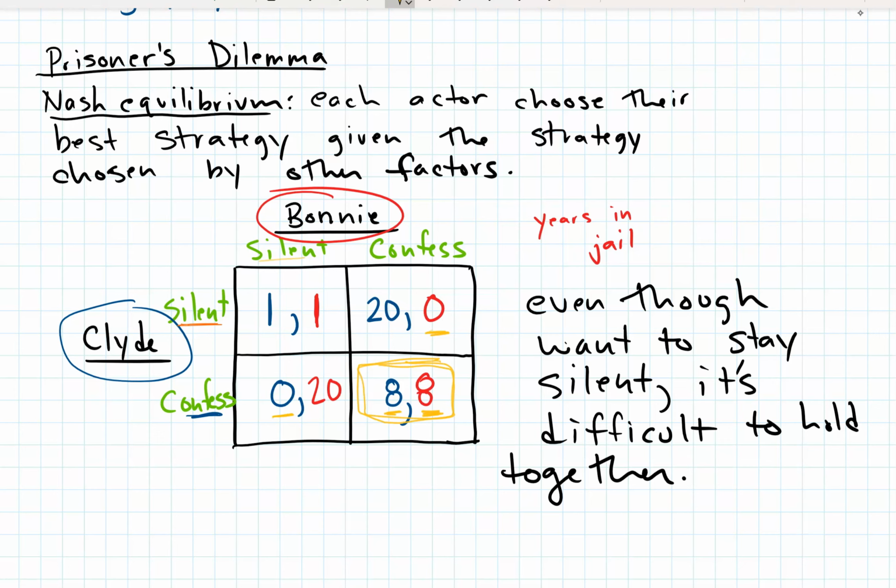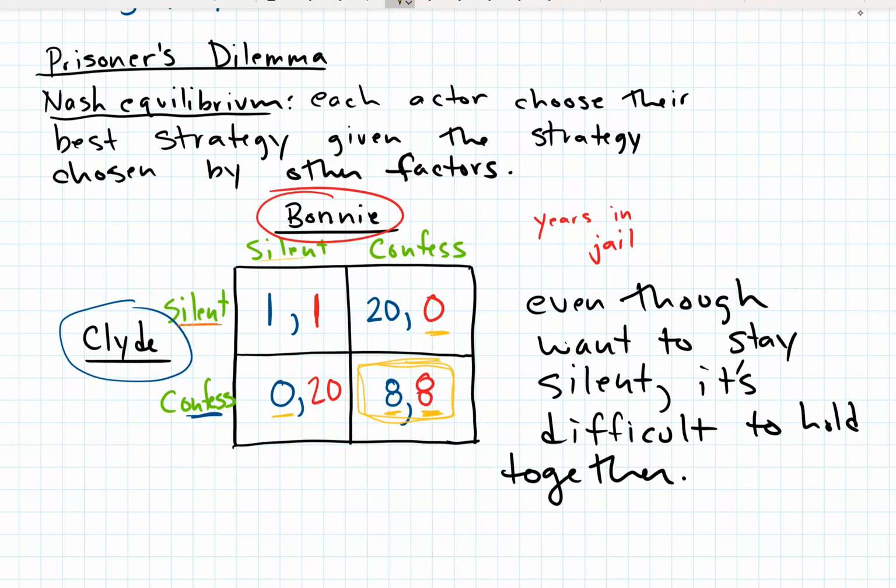If they want to stay loyal, then they might want to stay silent. But if there's any chance the other person is confessing, they also want to avoid getting 20 years in jail. So if they don't 100% trust that the other person will stay silent, then their best action is to confess. Not only do they get fewer years if the other person does stay silent, but they minimize their risk a little bit.